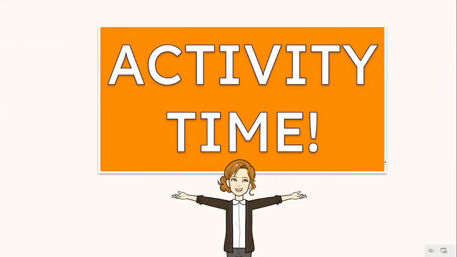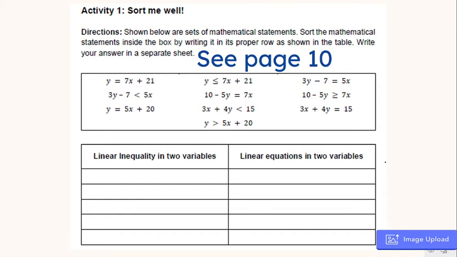Okay, activity time. Prepare your ball pen and your paper. This is what you're going to do in Activity 1, Sort Me Well. This is on page 10 of your module. The directions: shown below are sets of mathematical statements. You're going to sort the mathematical statements inside the box by writing them in their proper row as shown in the table.